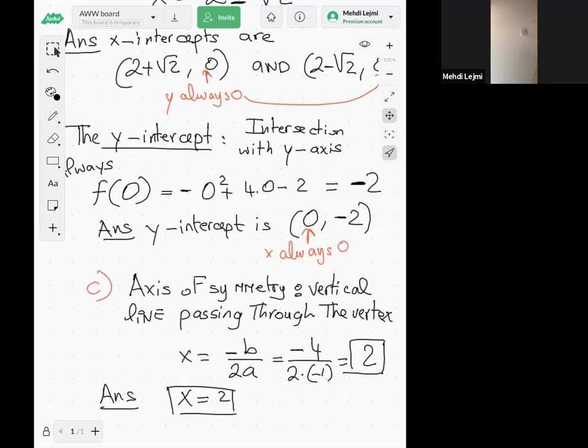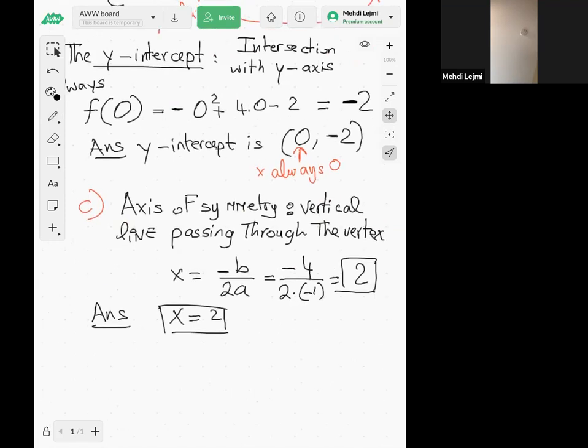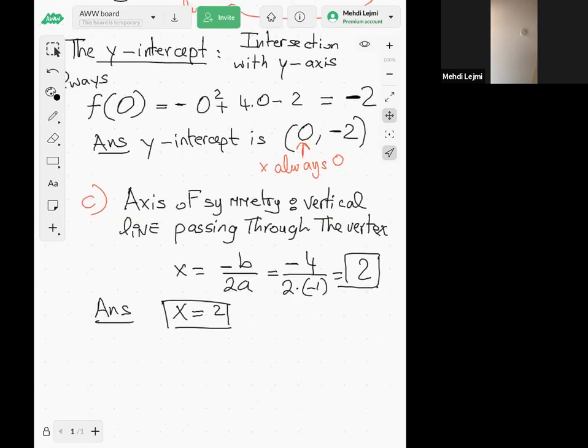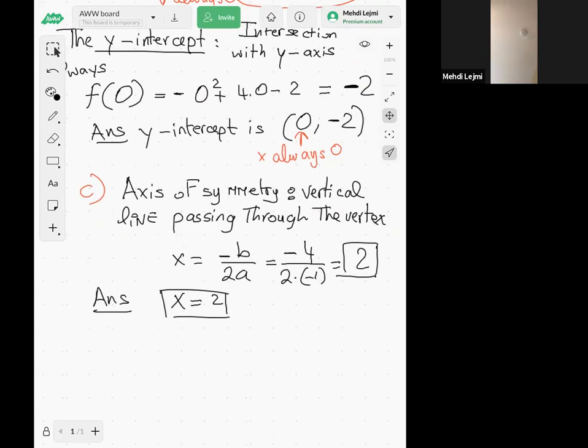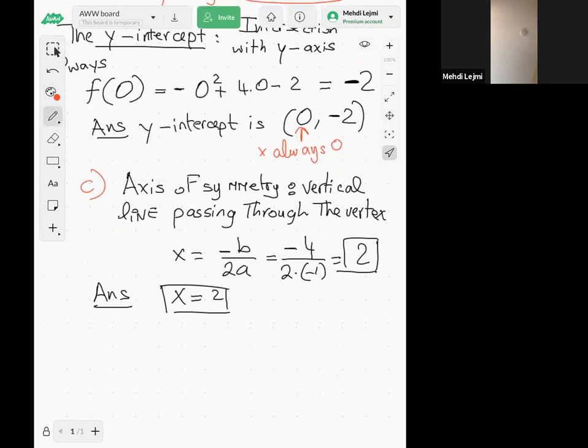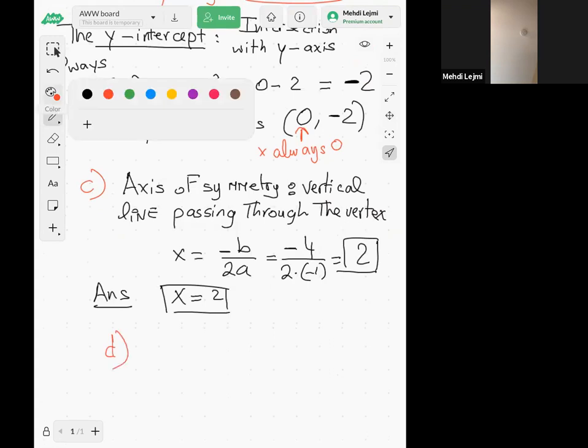Now the D, whether f has a maximum or minimum and its coordinate. Let me just remind you guys. We have two cases.